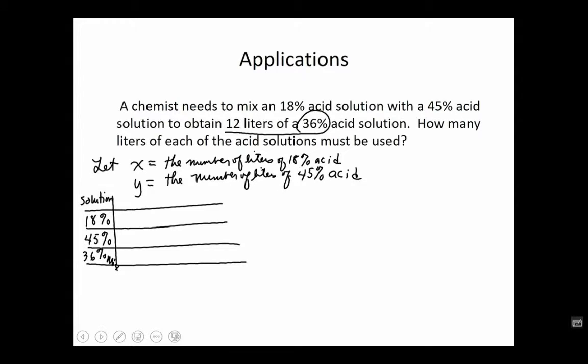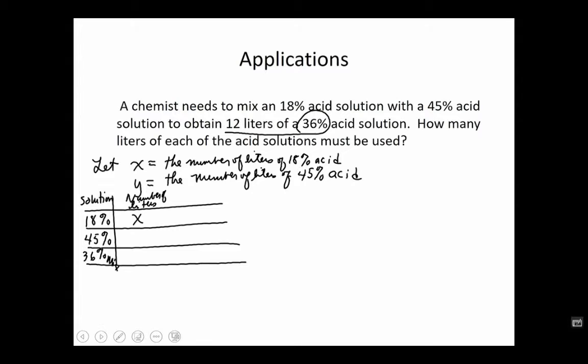Now, how many liters? The number of liters in each. The number of liters in the 18% acid solution is x, so let x represent the number of liters of the 18% solution.